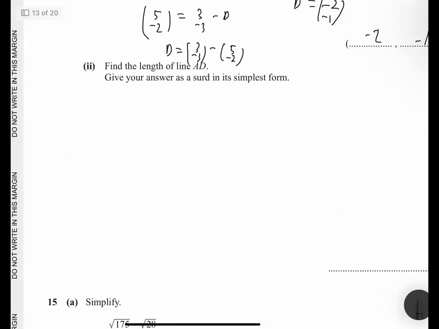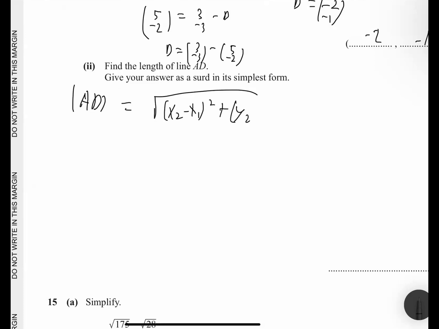Next question, find the length AD. Give your answer as a surd in simplest form. Surds are a new topic that has been added by Cambridge. First, it was just an A level topic. Now it's in O levels as well. It's a simple topic. The formula for the length of a line is the square root of x2 minus x1 whole squared plus y2 minus y1 whole squared.